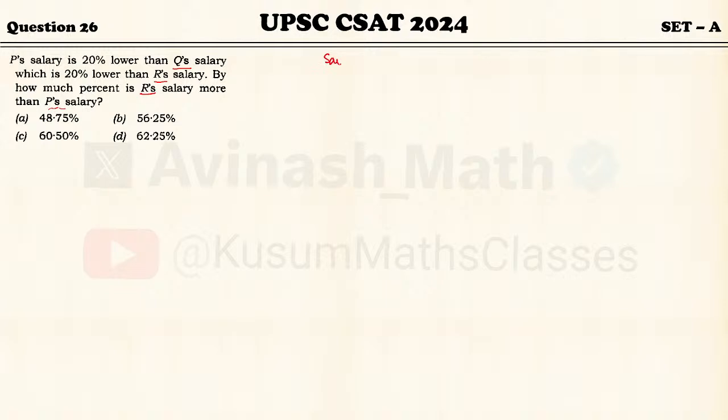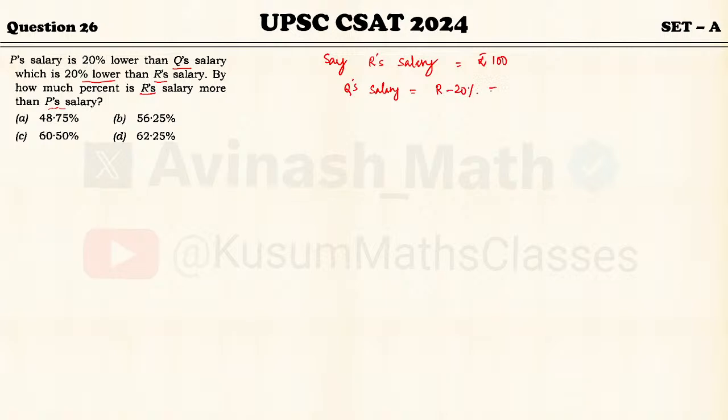So say R's salary is rupees 100, right? Then Q's salary is 20% lower than R's salary, means this is R minus 20%, right?